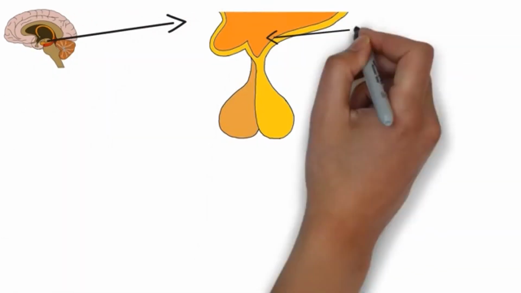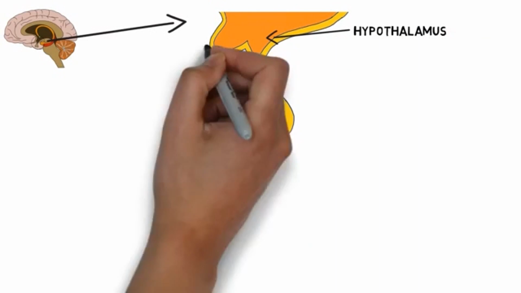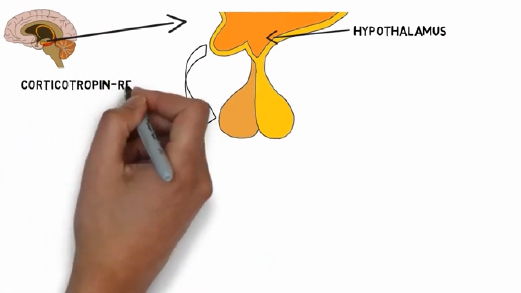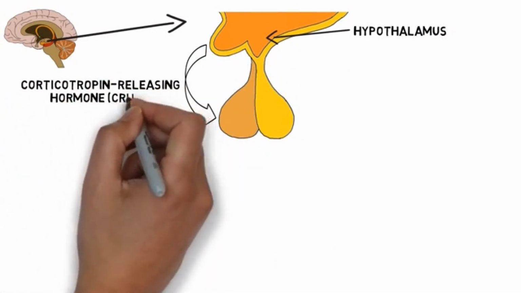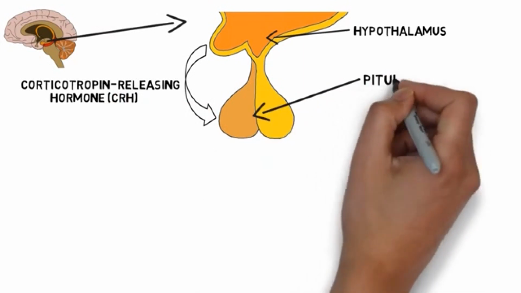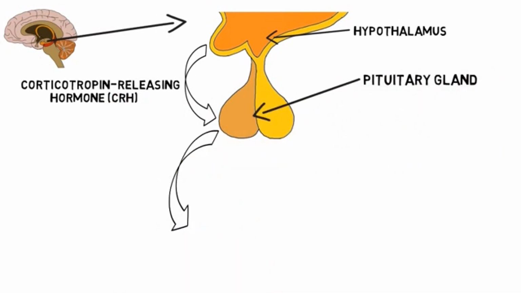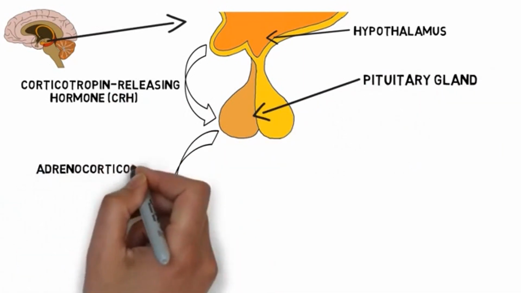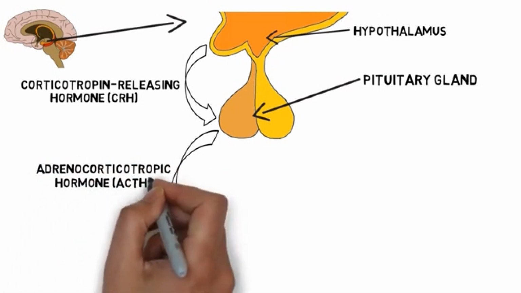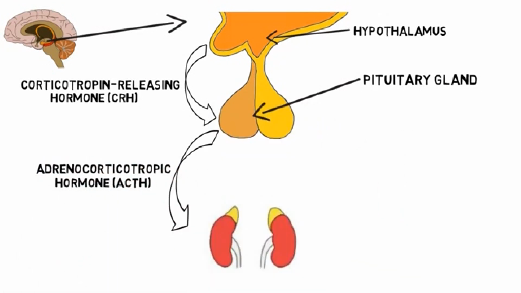When we experience something stressful, the hypothalamus releases a hormone called corticotropin-releasing hormone, or CRH. CRH signals the pituitary gland to secrete a hormone called adrenocorticotropic hormone, or ACTH, into the bloodstream. ACTH travels down to the adrenal glands where it prompts the release of different hormones from different parts of the adrenal glands.